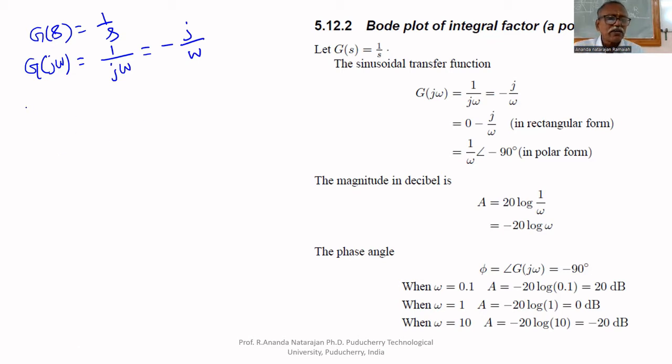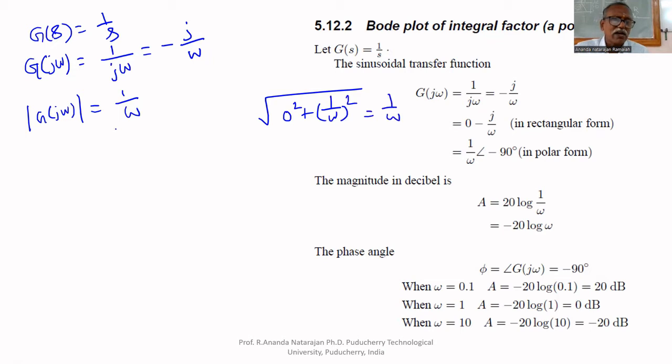What is the modulus of g of j omega? Equal to 1 by omega. How do you find it? The square root of real part square, 0 square, plus imaginary part square, 1 by omega square, that is equal to 1 by omega. What is the angle?